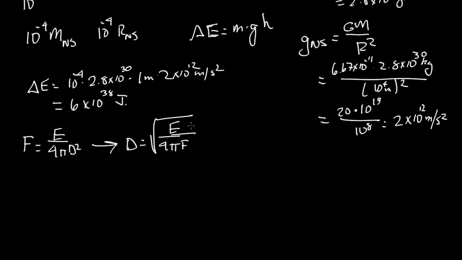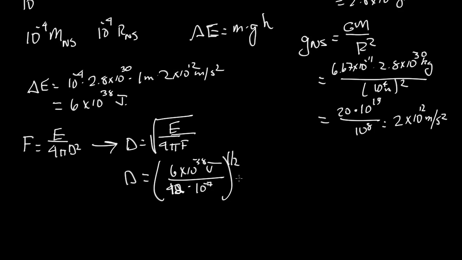So if we have an object that puts out this much energy, and it has this fluence, we can calculate its distance as being its energy, which we've just calculated as 6 times 10 to the 38 joules, divided by 4 pi, which I'm going to call 12, 4 pi is roughly 12, times the fluence, which is 10 to the minus 7. And that's all to the 1/2 power.